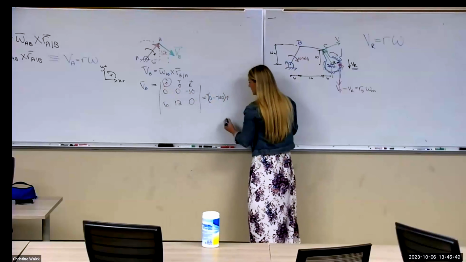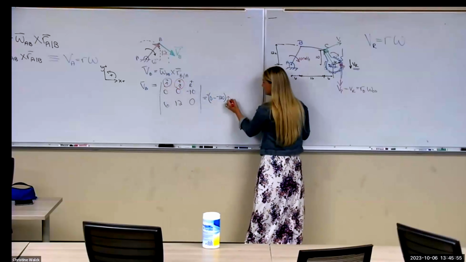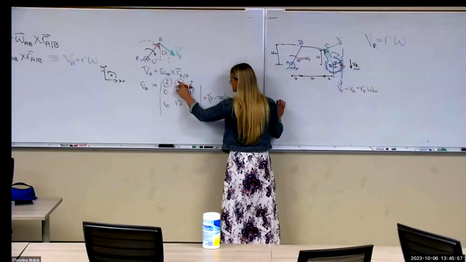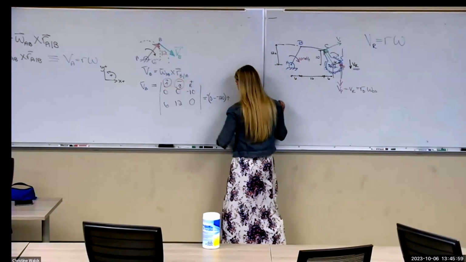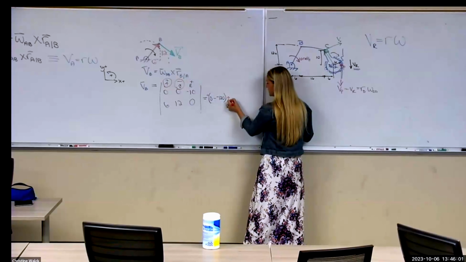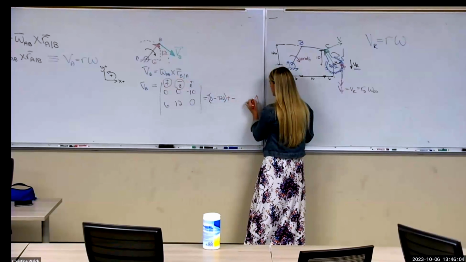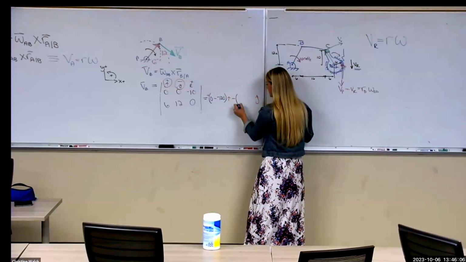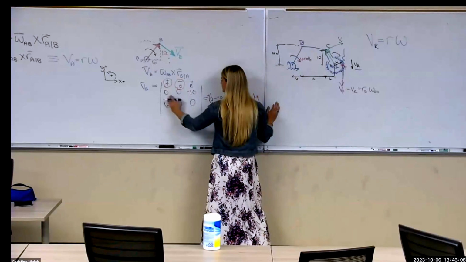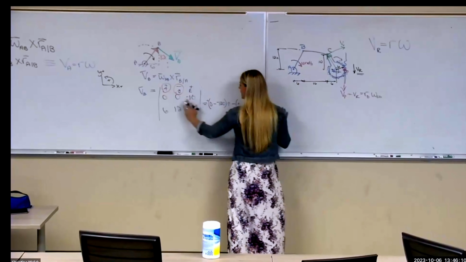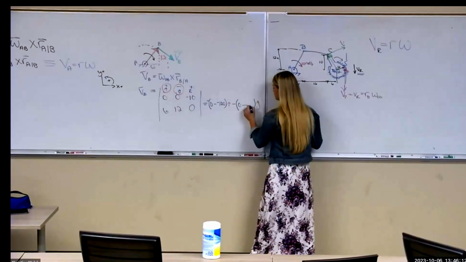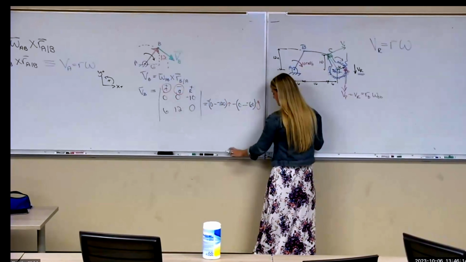Next step I go to the next column and take my signs, oops, this should be a negative, excuse me. I start with a negative, I end with a unit vector J. I hide the column, I do 0 times 0 is 0, minus 6 times negative 10 is negative 60.